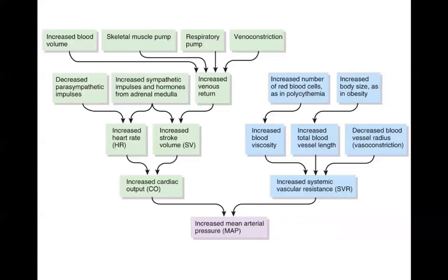In our last lecture, we learned how you can increase your heart rate: things like increasing sympathetic activity, epinephrine when we have the fight or flight response active. Epinephrine and norepinephrine, remember, are hormones from the adrenal medulla. Or by just decreasing activity of the parasympathetic nervous system.